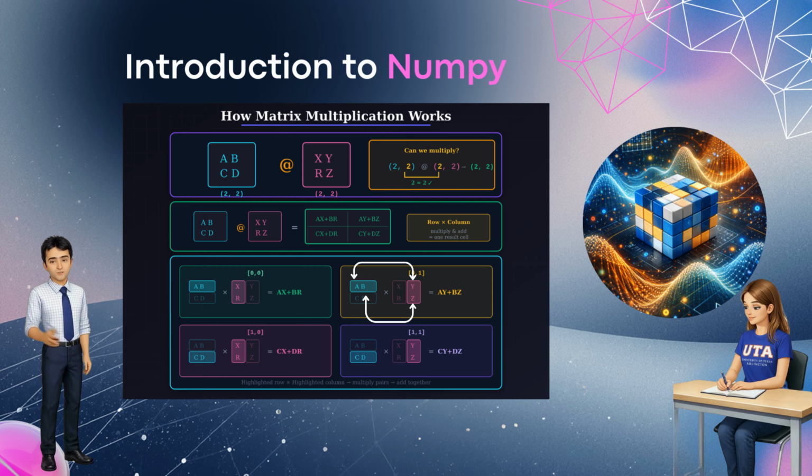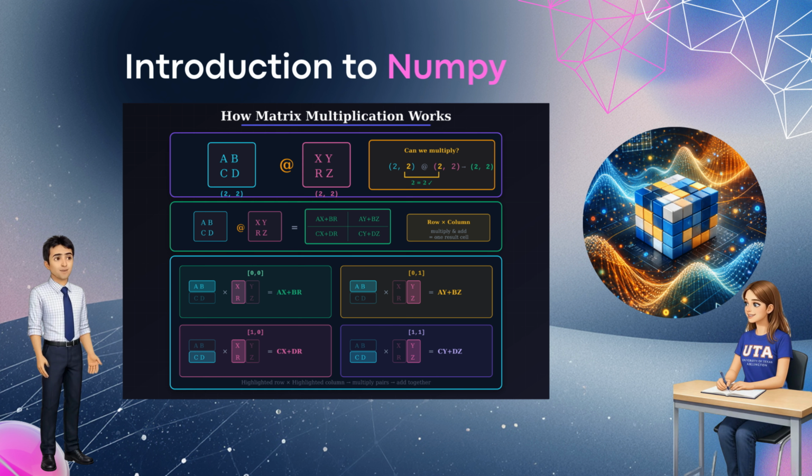That's A times Y plus B times Z. To find position 1, 0, I take the second row of the first matrix and the first column of the second matrix. That's C times X plus D times R. To find position 1, 1, I take the second row of the first matrix and the second column of the second matrix. That's C times Y plus D times Z.